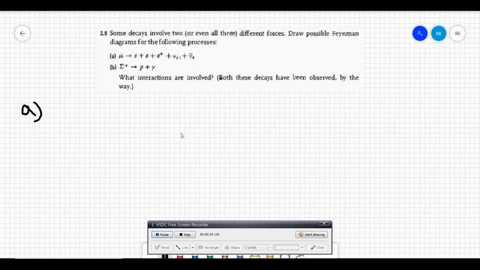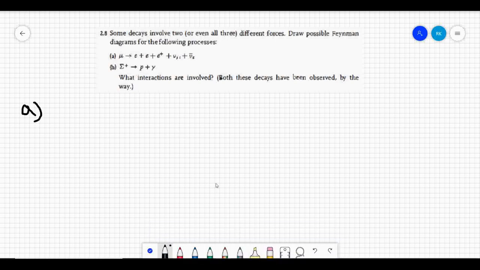So we can start drawing this Feynman diagram by starting with the charged weak interaction, which includes a lepton and its corresponding neutrino, as well as the mediator for the charged weak interaction, which is the W boson. So let's start with that.